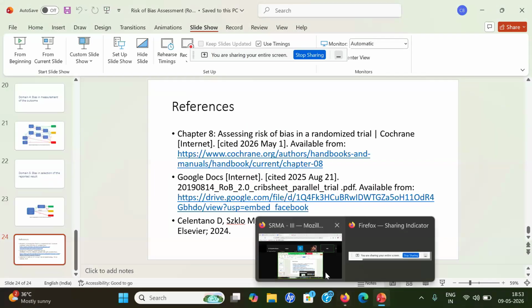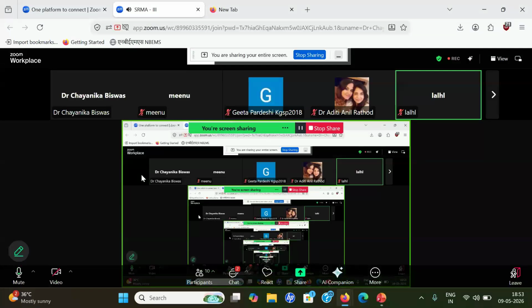In each domain, we will get some answer: this may be low risk, some concerns, or high risk. And the overall risk of bias assessment we will do by selecting the least favorable risk of bias assessment of all 5 domains. So this was about risk of bias assessment in randomized trials.